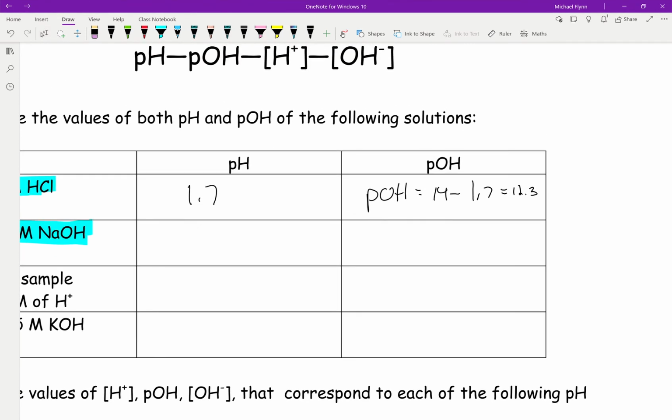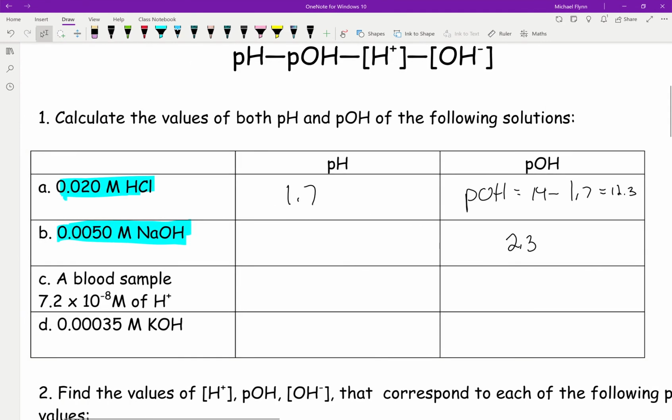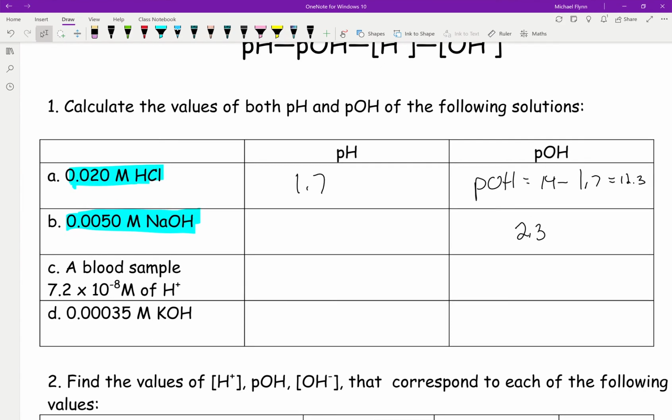I keep forgetting to do that. So 2.3 goes in here for the pOH. I got that with the log button. Now, since the acid and base have to add up to 14, I'm going to go 14 minus 2.3, and I get 11.7.